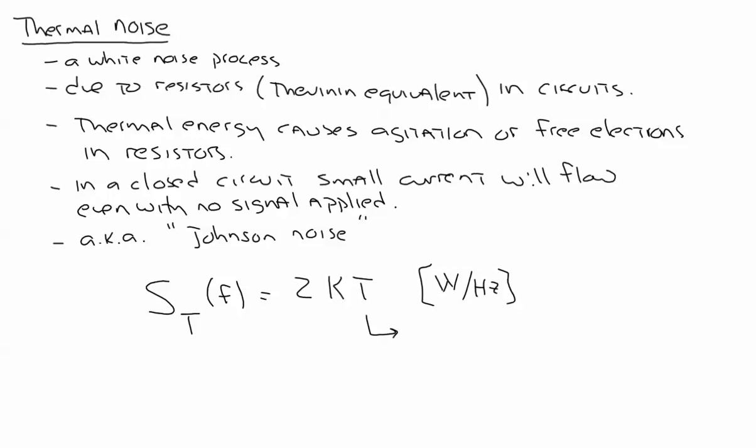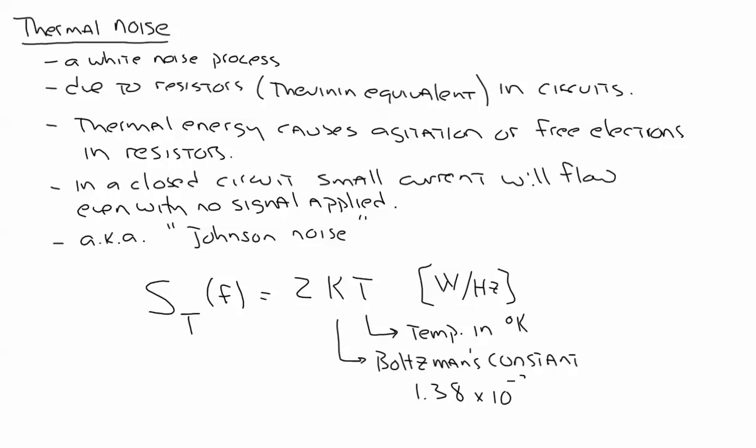T is the absolute temperature in degrees Kelvin. k is Boltzmann's constant, and that turns out to be 1.38 times 10 to the minus 23rd joules per degree Kelvin.